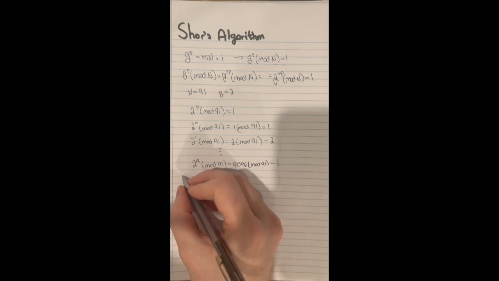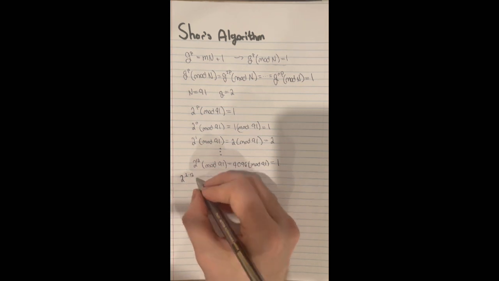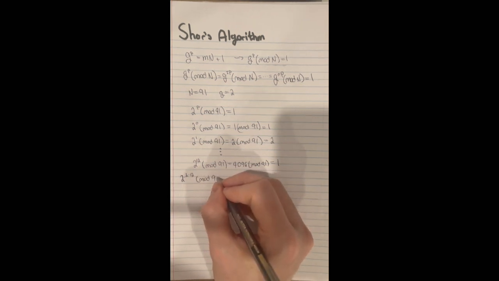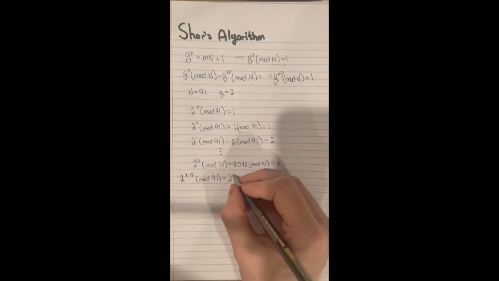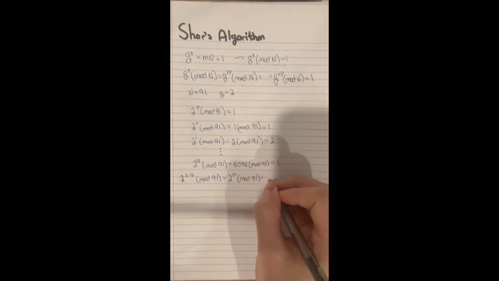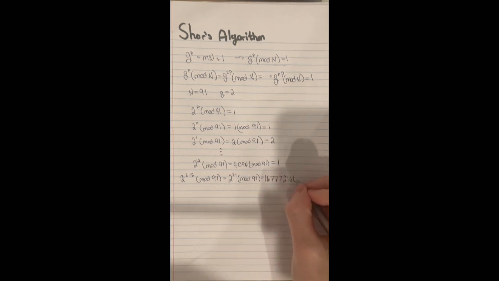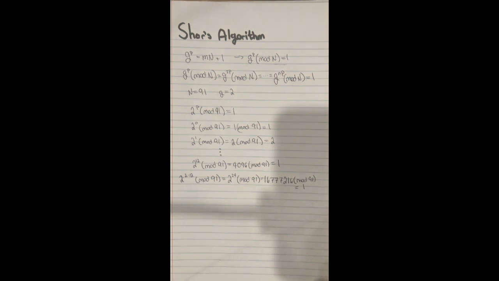So we can check this right now. If we have 2 raised to 2 times 12 mod 91, this will equal 2 to the 24 mod 91, which equals 16777216 mod 91, and you can check that this is in fact equal to 1.